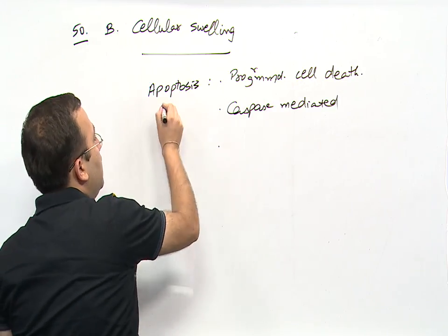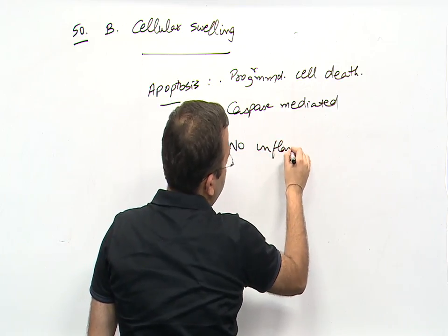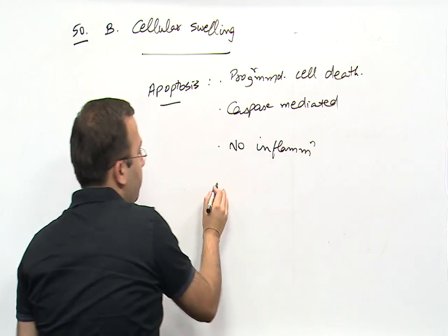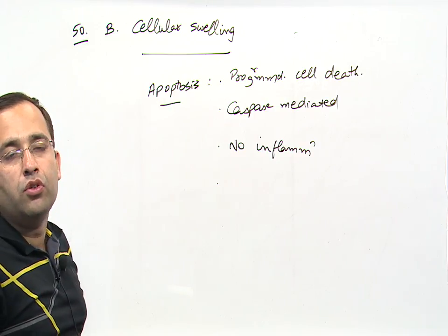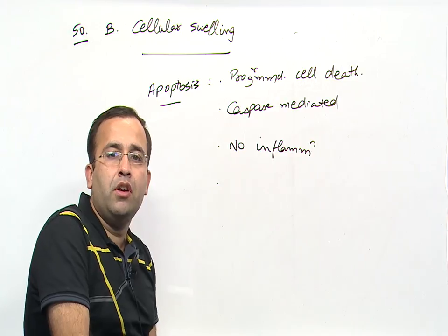Next point, in apoptosis there is no inflammation, versus necrosis, which shows inflammation.